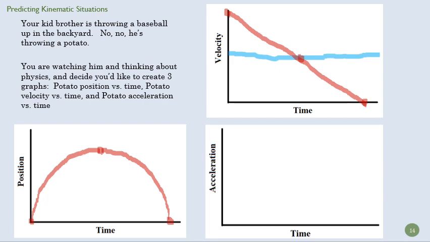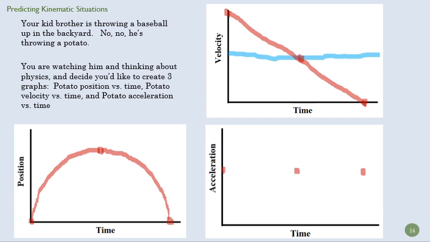And then what does our acceleration plot look like? What did I just say about our acceleration? It's constant, right? So initially, it's 9.8 meters per second squared. In the middle, it's 9.8 meters per second squared, and at the end, it's 9.8 meters per second squared. As soon as it leaves your kid brother's hand, it starts accelerating downward.